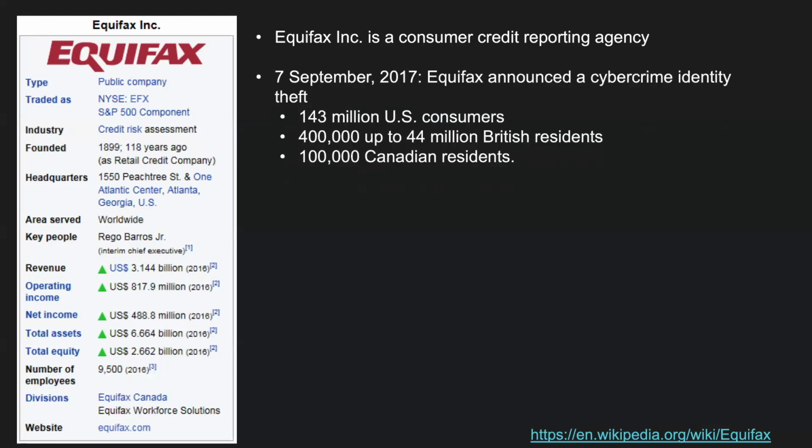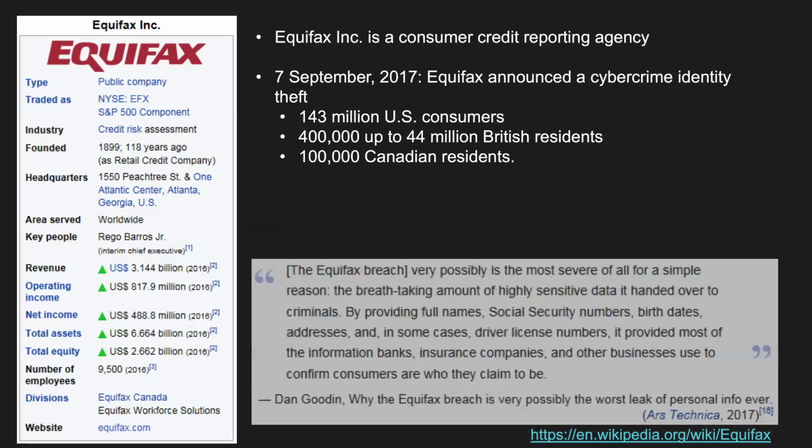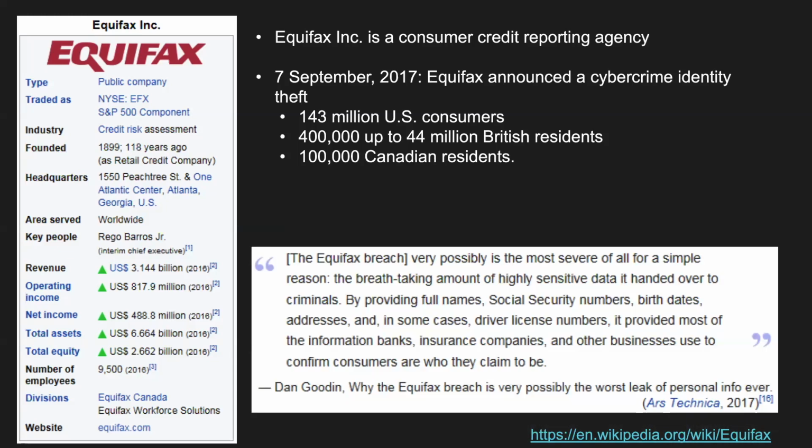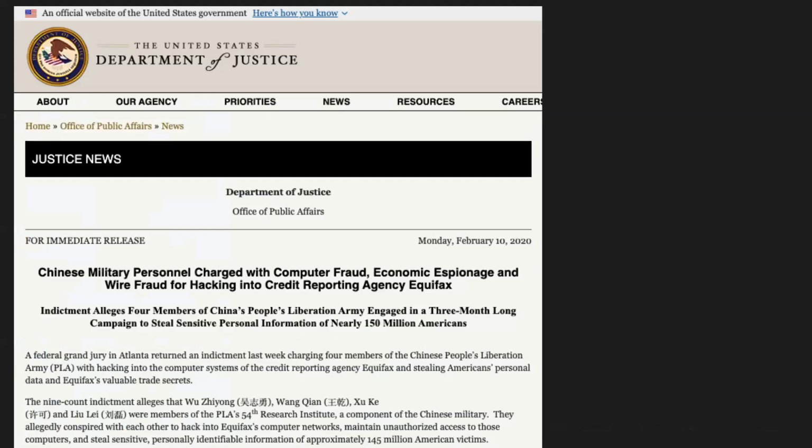So back in September 2017, they announced a massive amount of their data was actually stolen, and it was a pretty big breach. There have been quite a few breaches like this, but this was probably one of the biggest and most high profile. And it ended up being tracked down, as I said earlier, to state-sponsored actors.